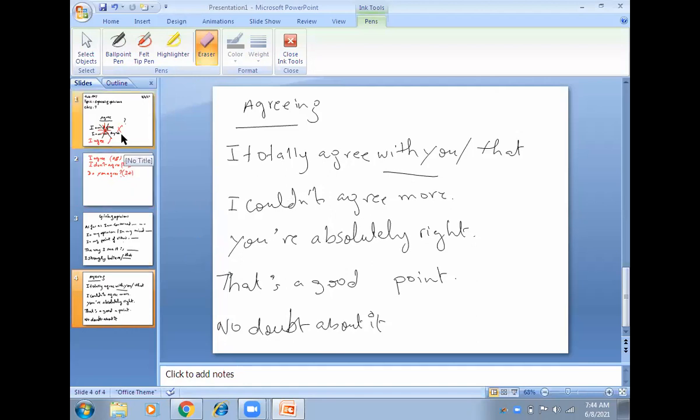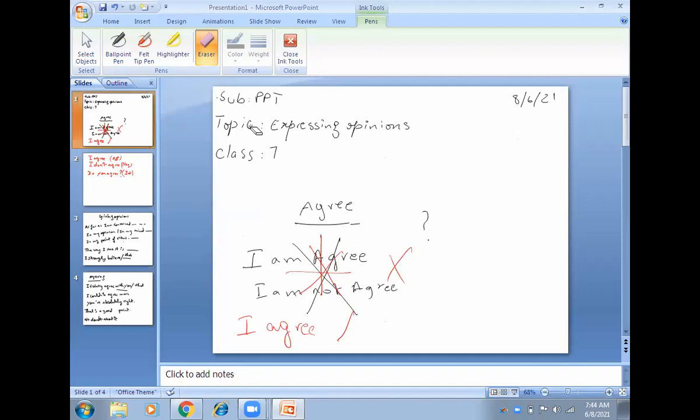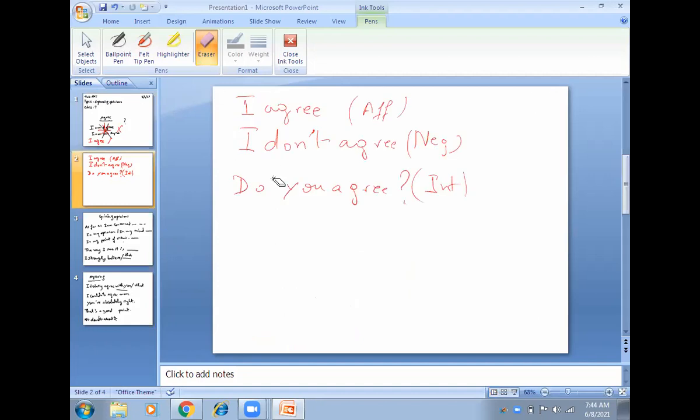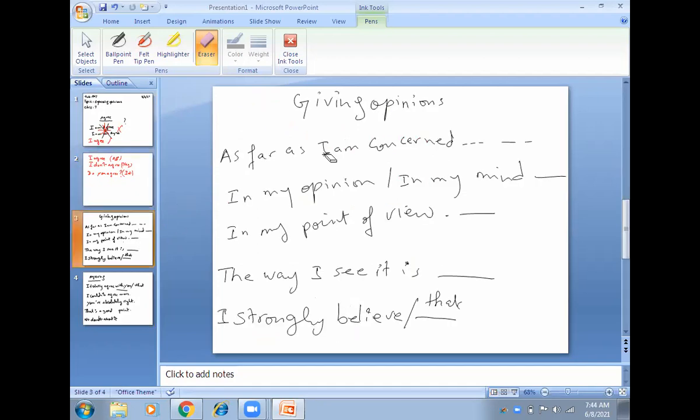In the first slide you will just write here, topic: expressing opinion. Then you write this because it's very important. Many of us are making this mistake. The verb agree: we say I agree in the affirmative, I don't agree in the negative, and do you agree when you ask a question. Then you write, we start with giving opinions. These are some expressions or phrases to give opinion.